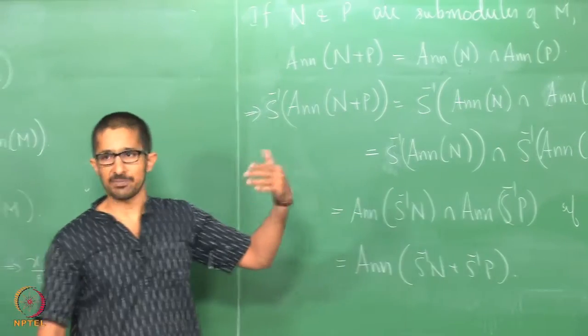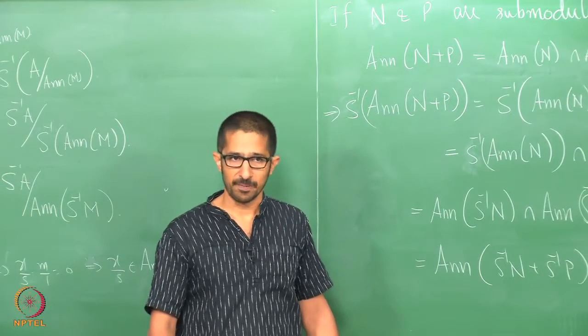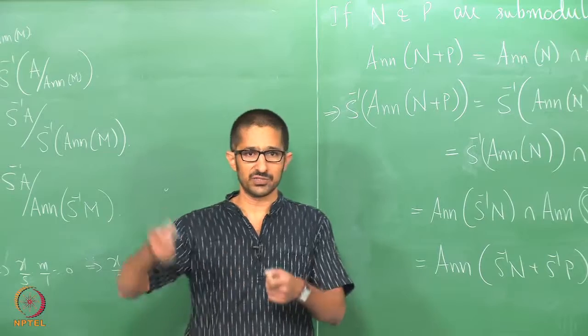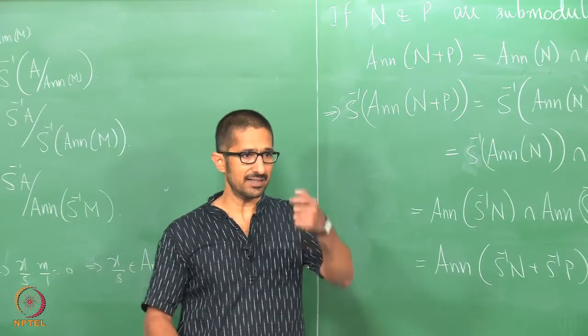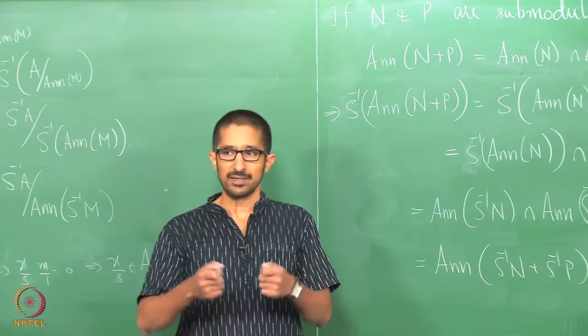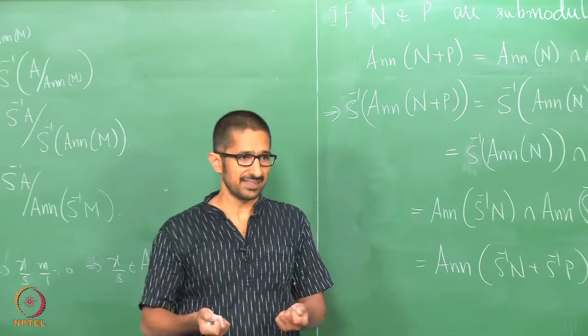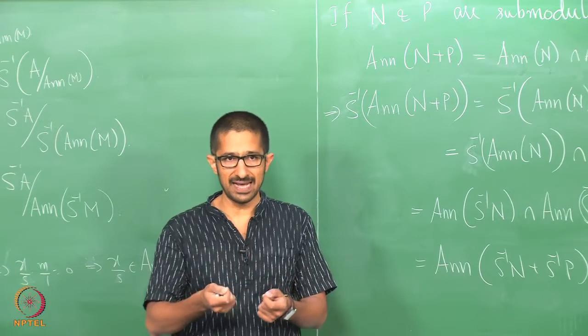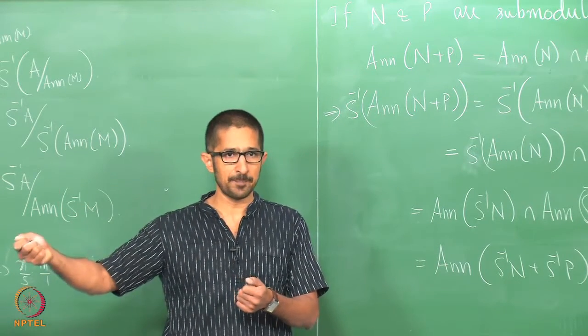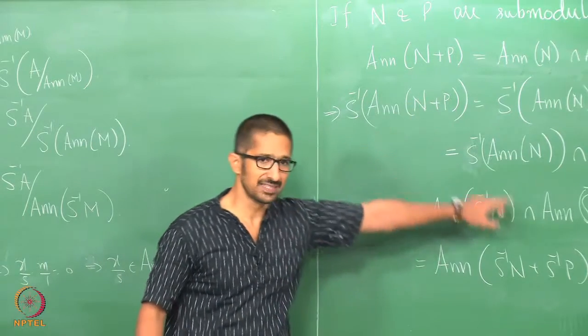Now, take m to be a finitely generated module. Take a finite generating set x1, x2 up to xn and write mi to be the submodule generated by xi. Therefore, I can write m as m1 plus m2 plus etcetera mn, and apply this there.